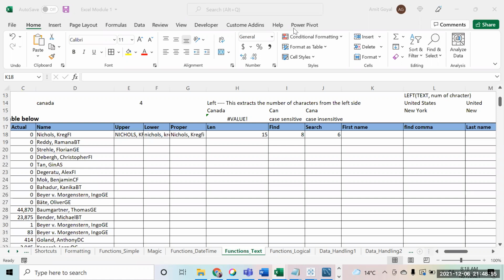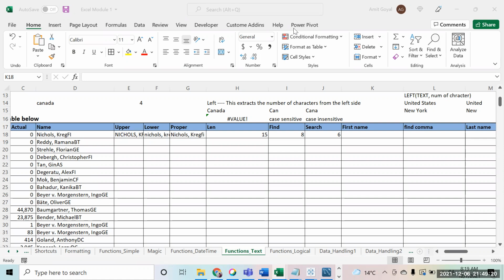I got the answer. I got the last name by using RIGHT. How do you do it? I used RIGHT, and then I used the text string, and then for the FIND function, I searched for comma and -1.